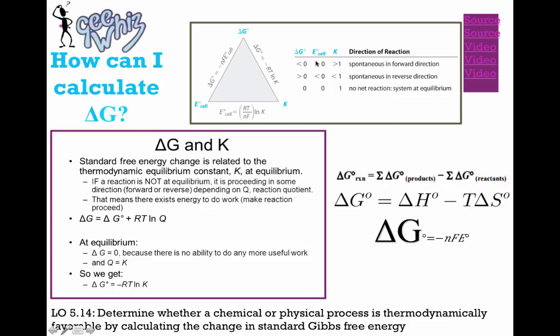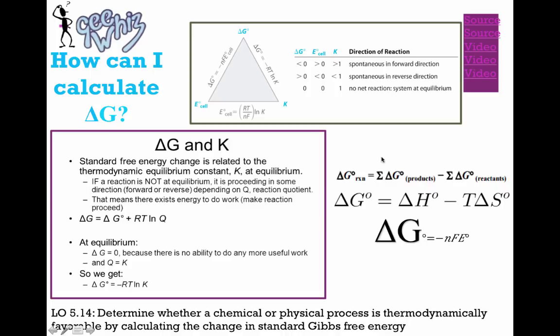That means that your cell potential has to be positive and that your K is greater than 1. If you have a non-spontaneous reaction, then your G is positive, your E is negative, and your K is really small. Remember, less than 1 for K just means it's a really small number because K cannot be negative. When you're at equilibrium, delta G and E are both 0, and then K is equal to 1.